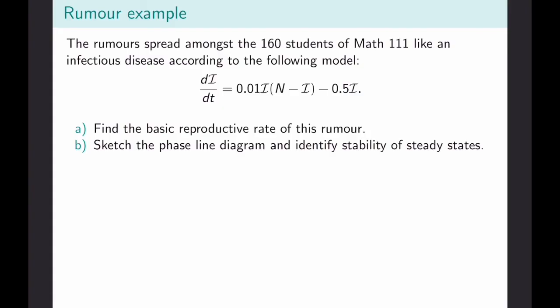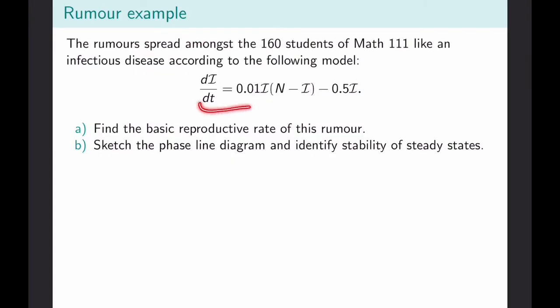Let's say the rumor spreads amongst the 160 students of Math 111 like an infectious disease, which is the thing that we normally actually modeled with. The other things that spread the exact same way are things like memes and news and whatnot.